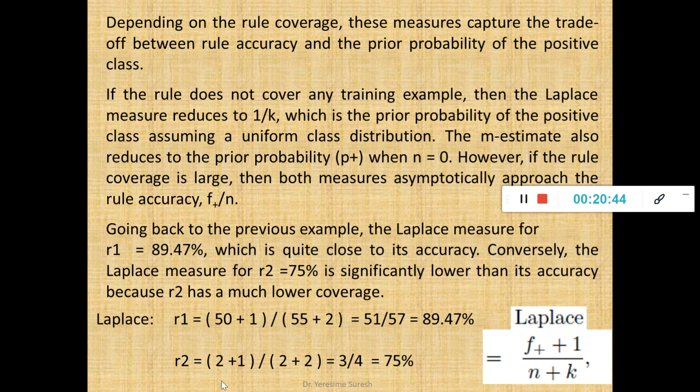So rule R1 is better than rule R2 because it is not only considering the number of positive instances, but it is covering the total number of instances irrespective of positive or negative. Hence, your Laplace method of rule evaluation is more suitable when compared to only accuracy, because it considers accuracy as well as coverage. This is how the Laplace formula works.